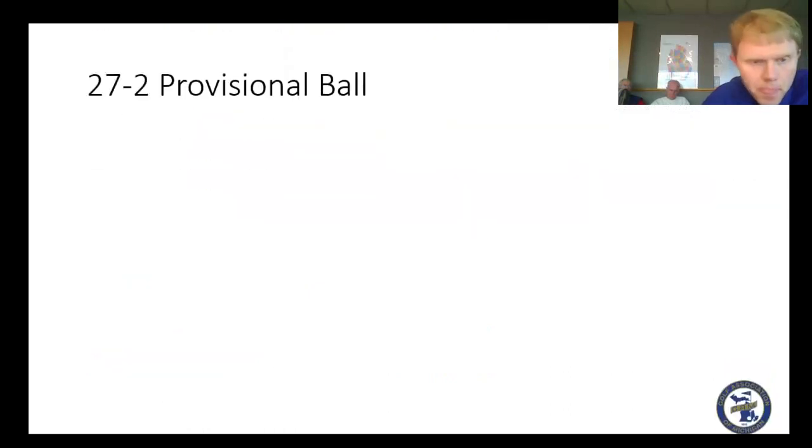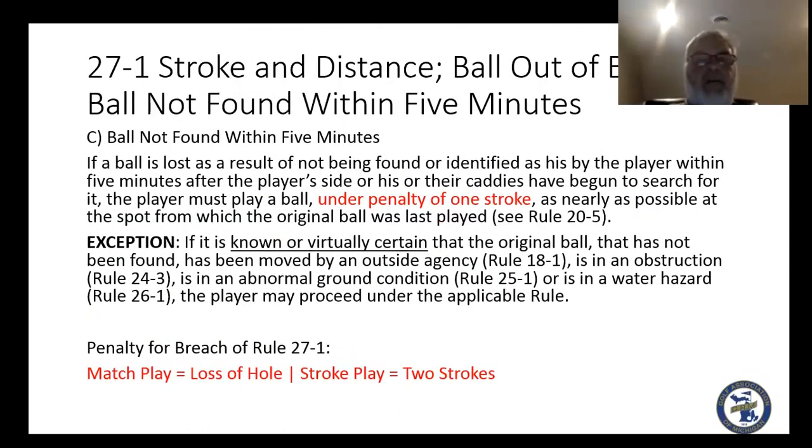Kyle? Yep. Hi, it's Charlie Dupree. I have 2 questions. Sure. If a player plays a provisional ball because he thinks his ball may be out of bounds, and he announces it, he goes up and finds his ball is not out of bounds, but might be unplayable. Can he use his provisional ball for the potential out of bounds ball for that unplayable?